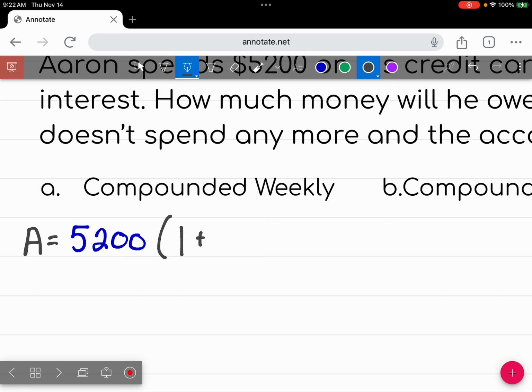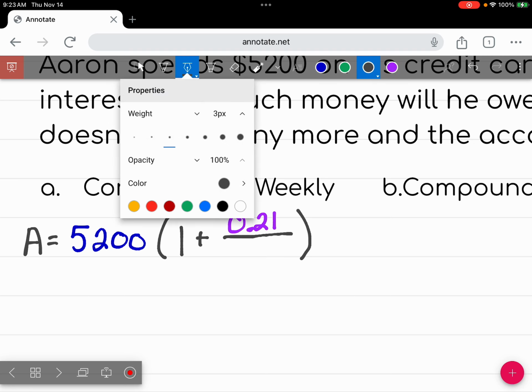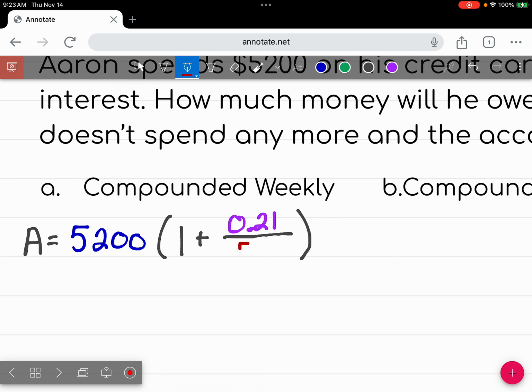So be careful on that. It's still a plus. What's going to go on the top of my fraction? 0.21. What's going on the bottom? 52. There's 52 weeks in a year. So our exponent is going to be 52 times 3.